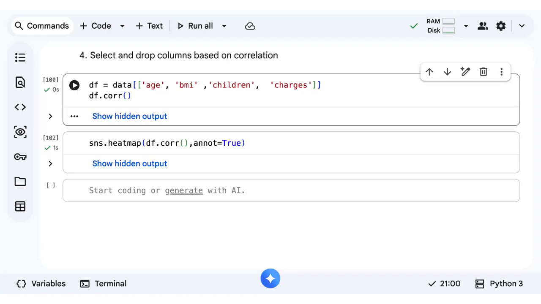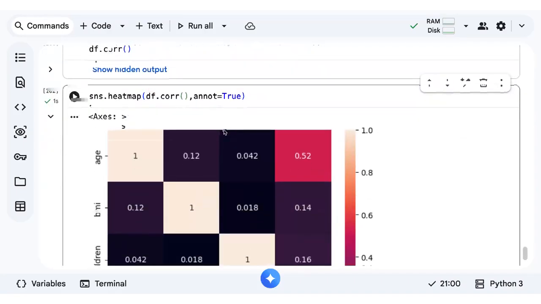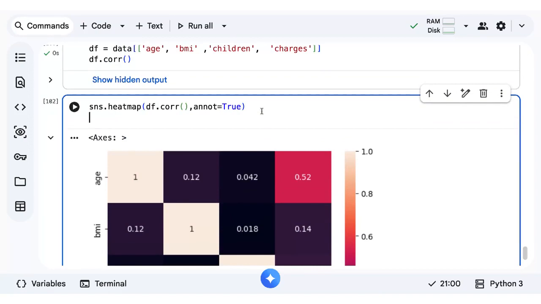Okay, so now looking into the correlation. What do you try to find here? First thing, always understand whenever you have so many numerical columns, you have to include columns which have high correlation with the target.